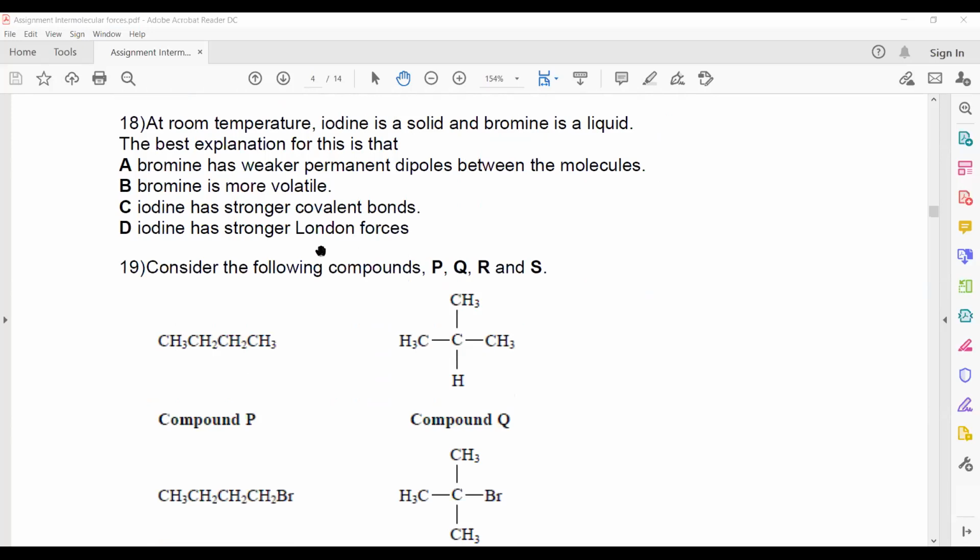Question 18. At room temperature, iodine is solid and bromine is liquid. The best explanation for this is that... what's the answer?